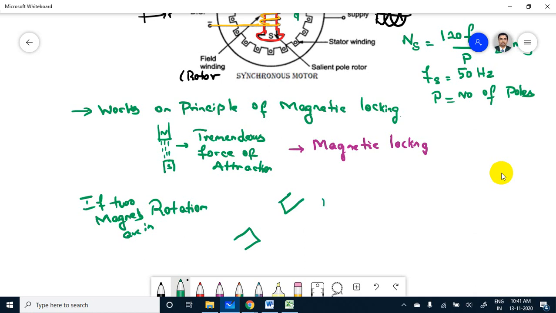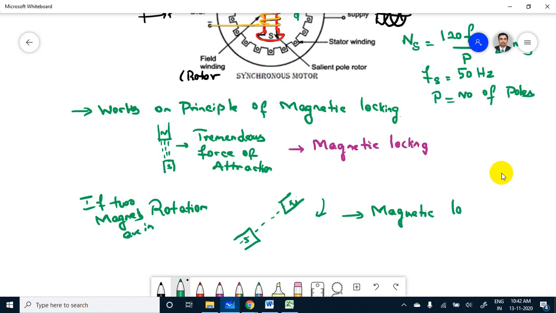In the rotation, this is north and this is south. Based upon this rotation, the flux lines will be attracted in a straight line manner, and they will also be rotating in the same direction and flowing at the same speed. Okay, this concept is also known as magnetic locking.